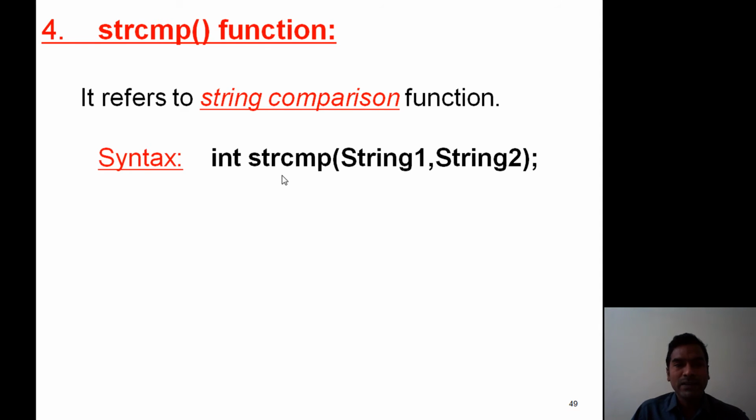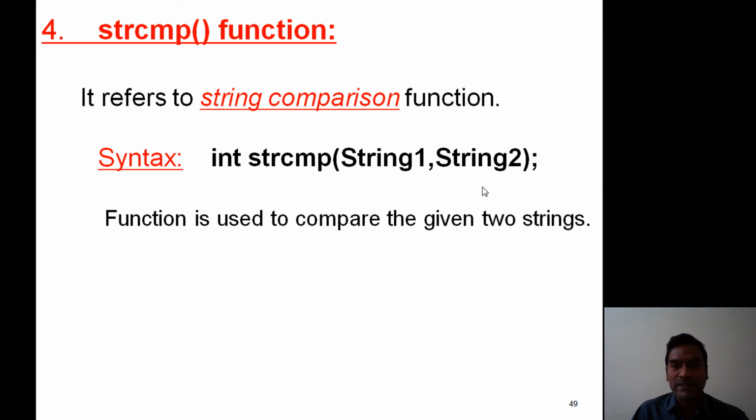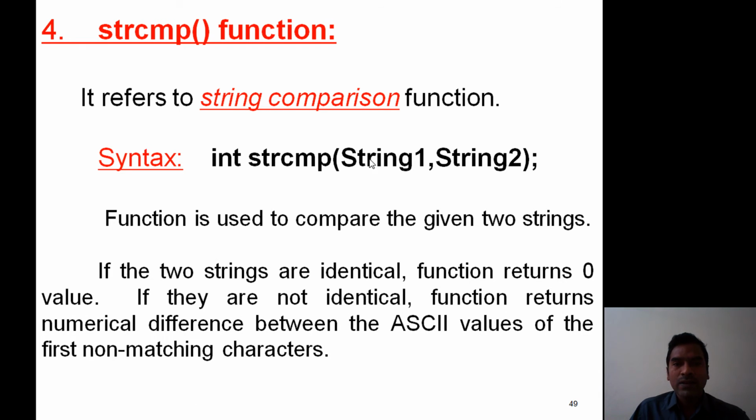The format is int strcmp(string1, string2). Here this function accepts two arguments, string1 and string2. Once the comparison is completed, the function returns an integer value. If the given two strings are the same, then it returns 0.